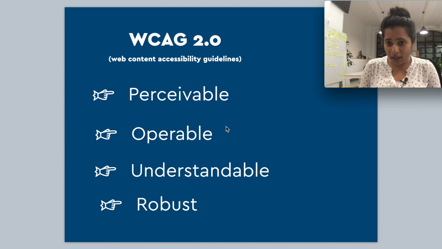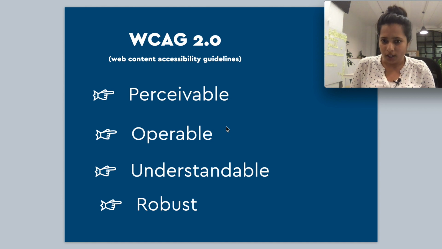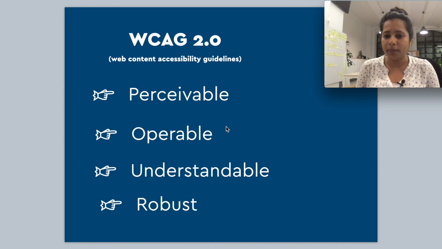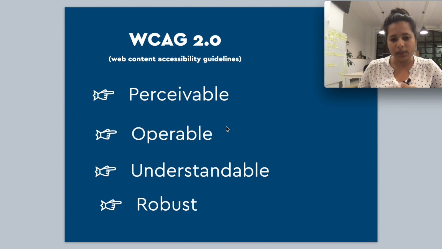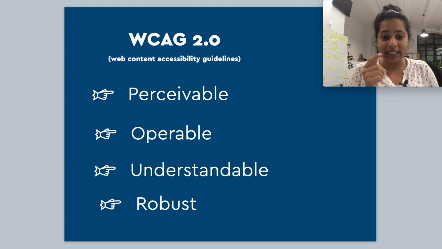WCAG 2.0 says that if your application has to be accessible, then it must comply with the below four principles: perceivable, operable, understandable, and robust. Let's get into the details of it.